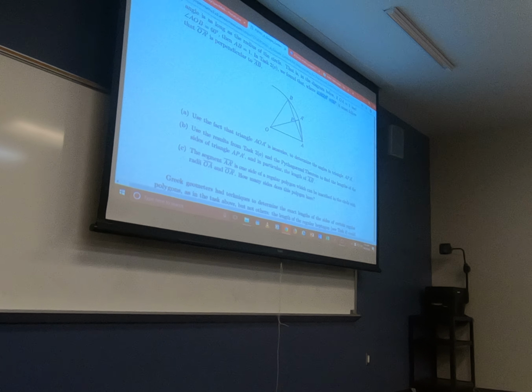And so it's equiangular, and if all the angles are the same, and they have to add up to 180, so triangle AOB is equilateral by construction. And so what could we say about the angles? Well, if it's equilateral, it must be equiangular.